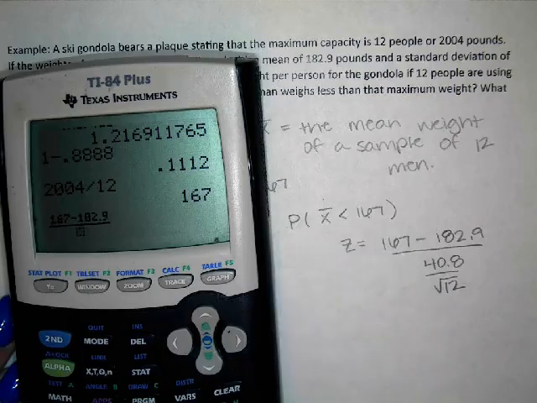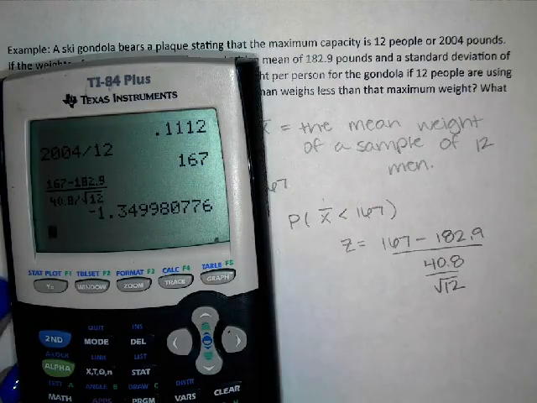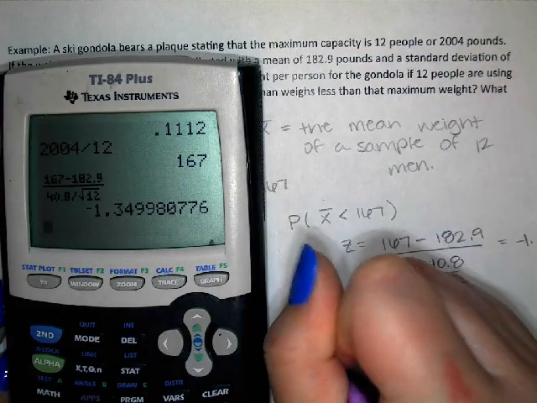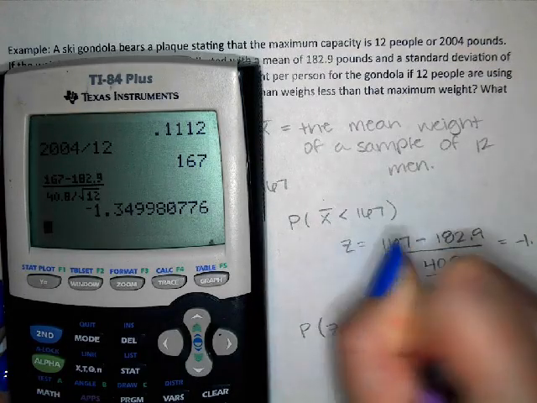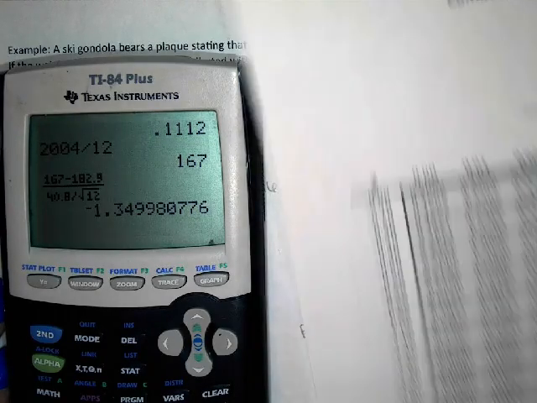And this is negative 1.35. So the probability that z is less than negative 1.35 is 0.0885.